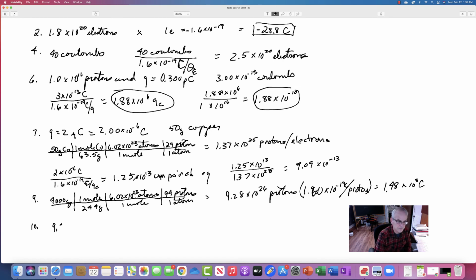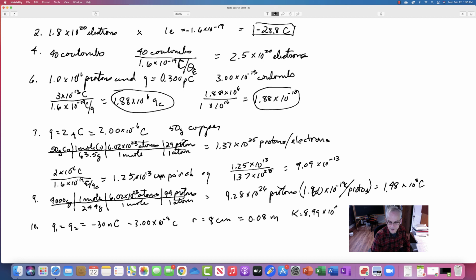So Q1 is equal to Q2 is equal to minus 30 nanocoulombs, which is the same as minus 3.00 times 10 to the minus 8 coulombs. R is equal to 8 centimeters, which is equal to 0.08 meters. And then we know that K is 8.99 times 10 to the 9th.